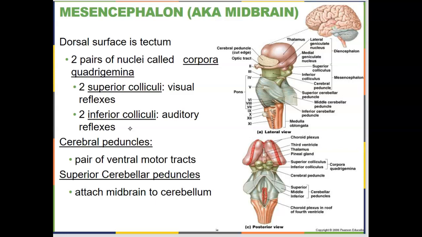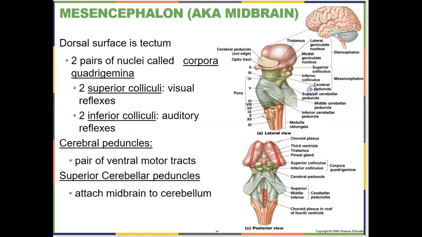The cerebral peduncles are interesting because they are motor tracks. What that means is that it's a descending group of axons sending information down to your spinal cord, okay? So when you're looking at the peduncles, which are right here, I don't know if you can see my pen, superior cerebellar peduncle.